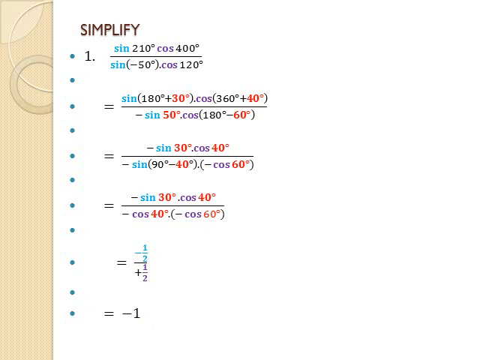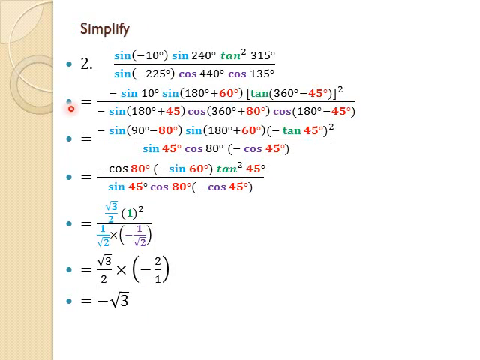Let's look at the next problem, problem number 2. Right, so now they gave me sine negative 10, sine 240, tan squared 315, sine negative 225, cos 440, cos 135. So sine and negative angle fall in the fourth quadrant, so that becomes negative sine 10.